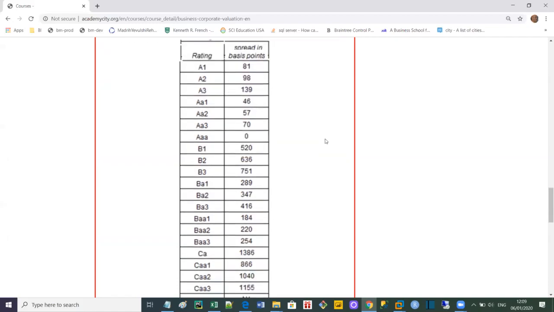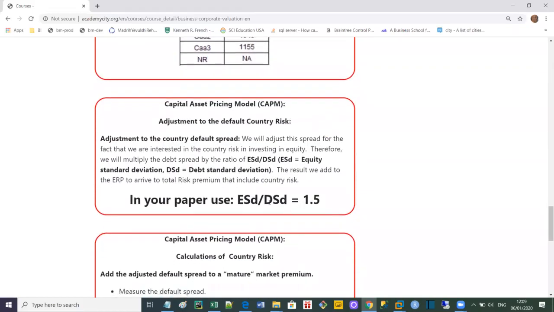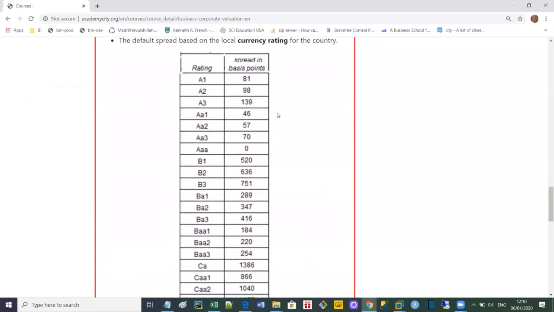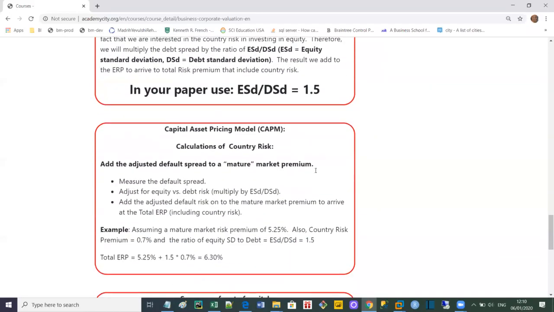One way to fix it is to look at the ratio of the standard deviation of the equity versus the standard deviation of the bond market, and take that as a factor to multiply by what we get when we look at the spread. I will say it again.